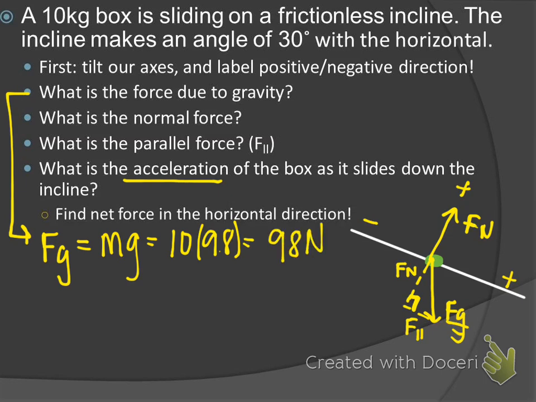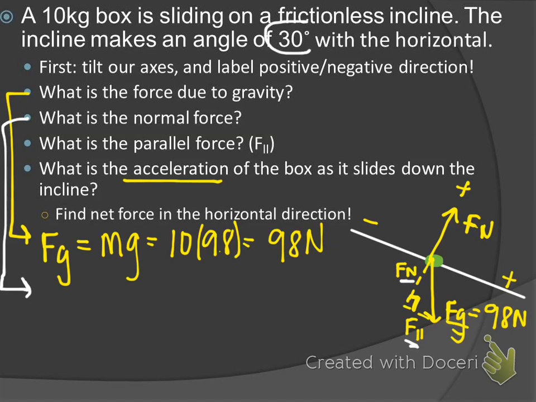So what that tells us is that the hypotenuse of this little gravitational triangle that we make is equal to 98 newtons, because that's our gravitational force. From there, we can start to find the normal force and the parallel force. To do that, we're going to find the components of that triangle.